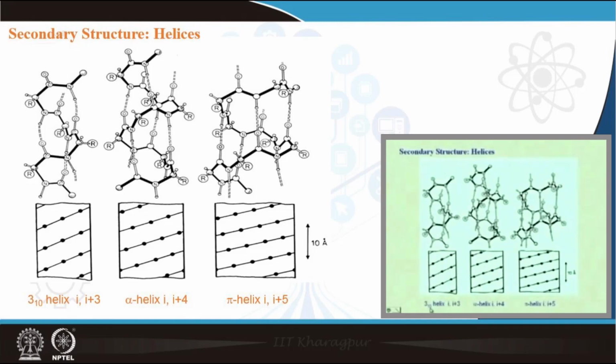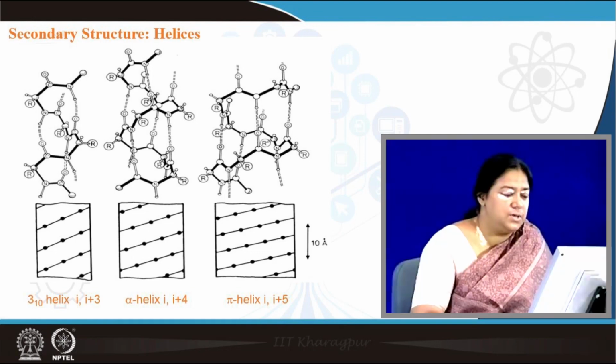So what does the 3-10 stand for? The 3 stands for 3 residues in a turn, and the 10 stands for 10 atoms in the turn. And the hydrogen bonding of this helix is from the ith residue to the i plus third residue.